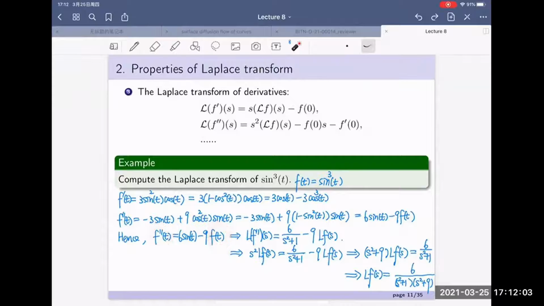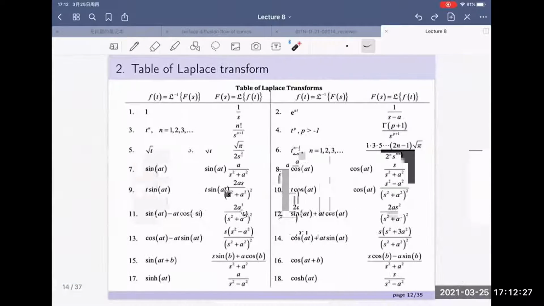You apply the Laplace transform and find the Laplace transform of f. Then you take the inverse Laplace transform, and you immediately get f. So you can solve a differential equation in this way by applying an additional inverse Laplace transform.